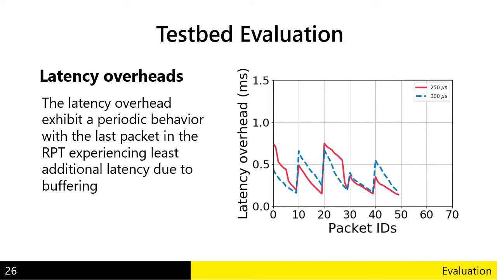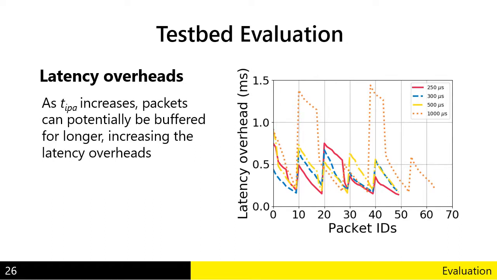So now we change the per packet wait timer to different values, and we see that as the per packet wait timer threshold increases, packets can potentially be buffered for longer and they may increase the latency overheads experienced by the application. However, in the worst case scenario, we see that it is still less than 1.5 milliseconds.